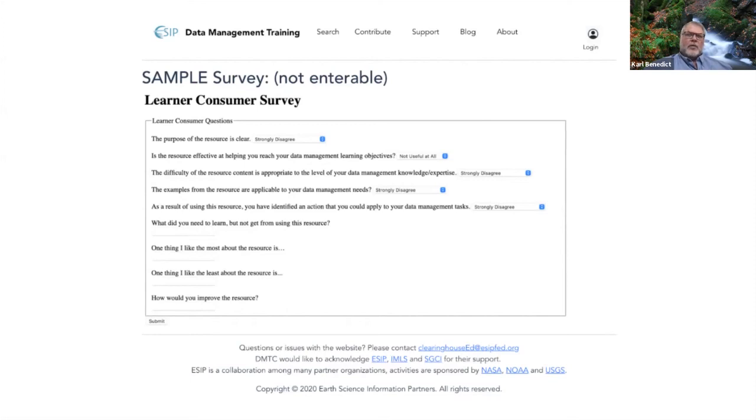Like, I think there might be too much here. I think similar to the comments from before. So brevity and simplicity are keys to the usability of the survey. Yes. Okay.